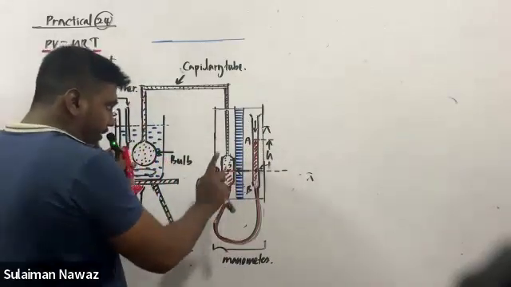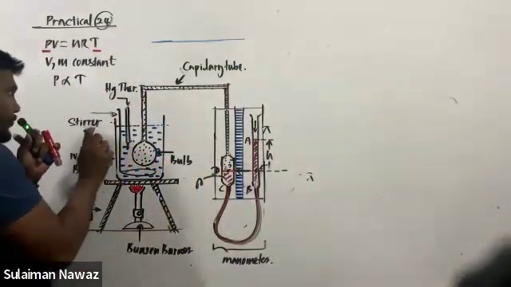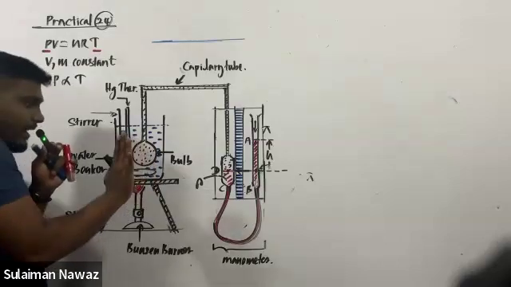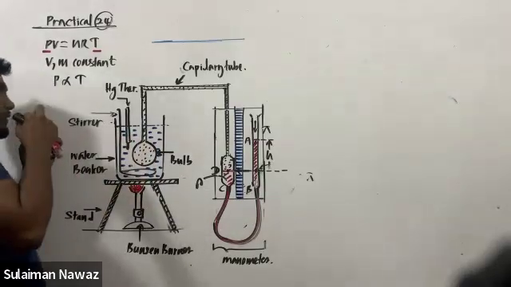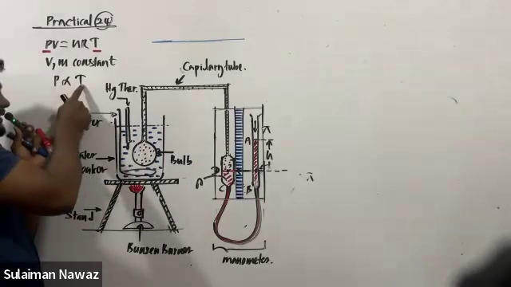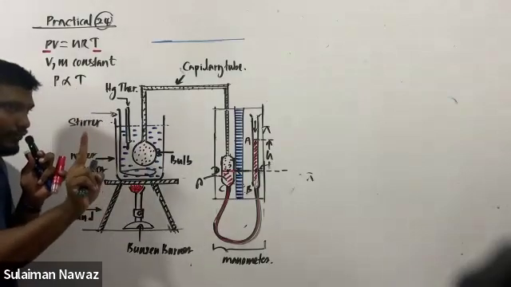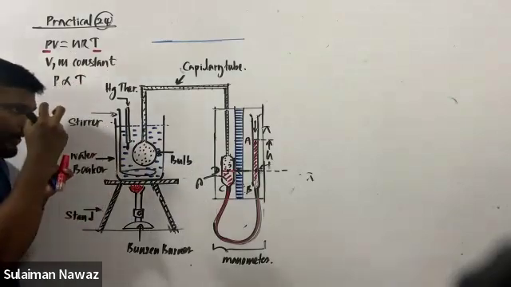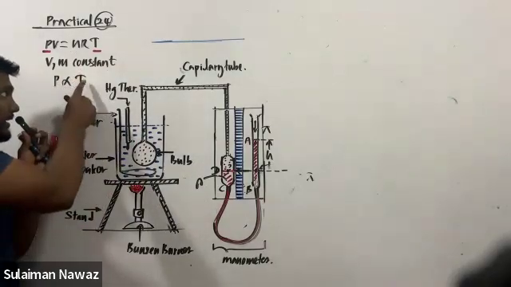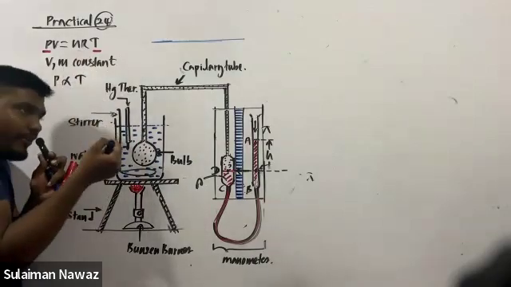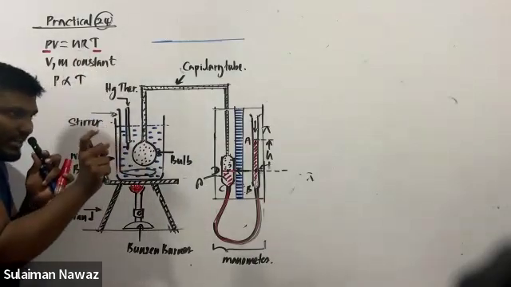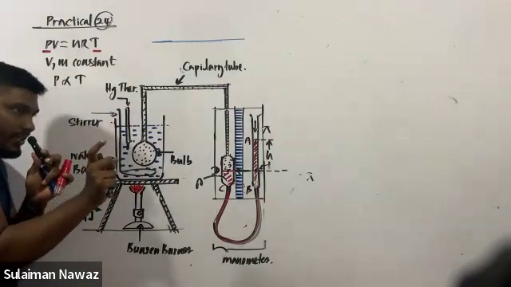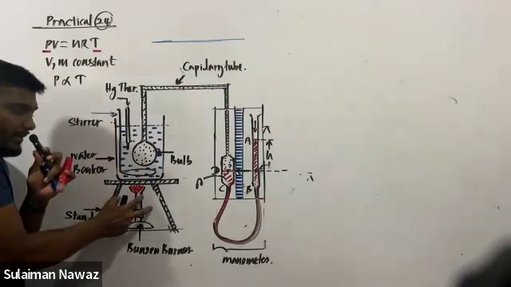Why we are doing this, I will tell you. Now you understand basically what we are going to do? We are going to show the relationship between pressure and temperature while maintaining volume constant. We are going to change the temperature by using this Bunsen burner.